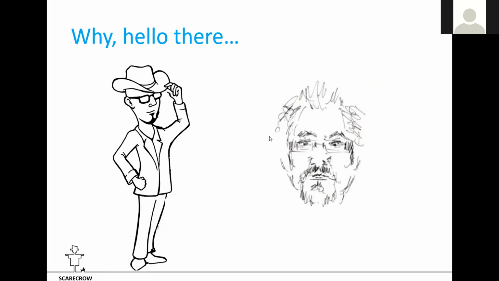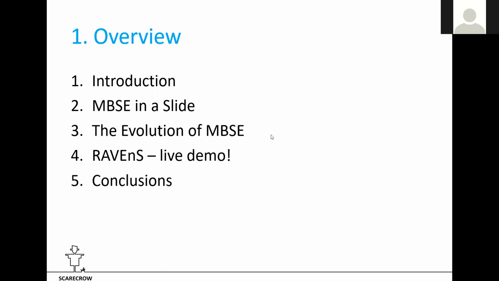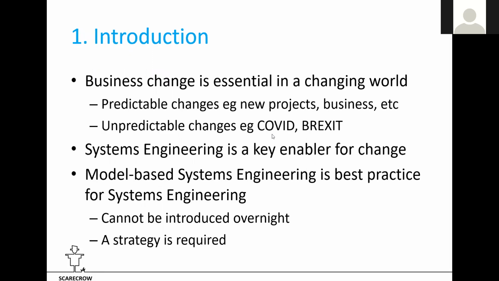So we're here to talk about introducing business change into an organization, and specifically in the form of MBSE. So essentially, we have to be able to change the way that we do our business. And sometimes this is predictable. So for example, we might be working on new projects, we might have new business or whatever.